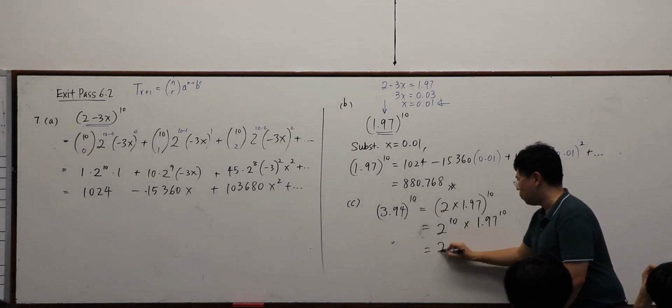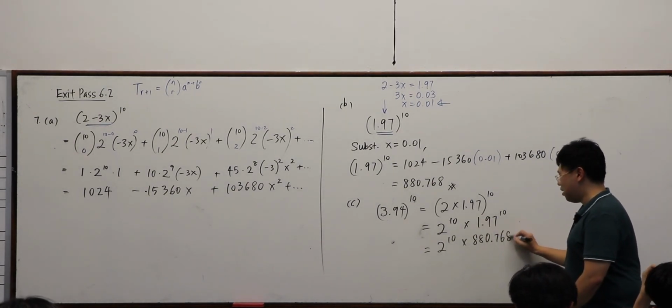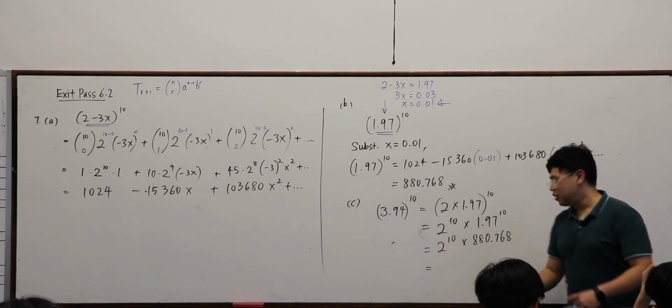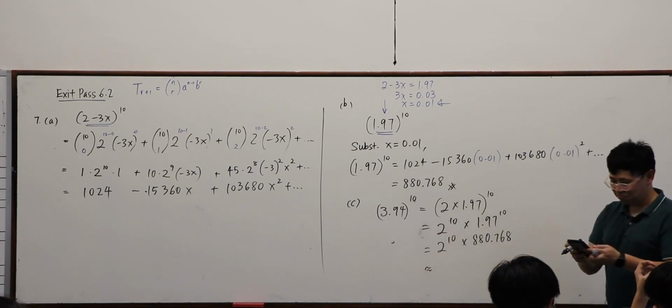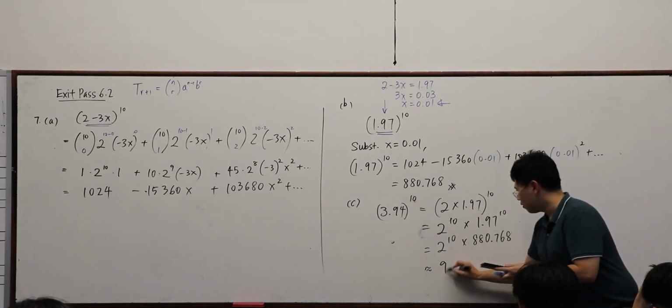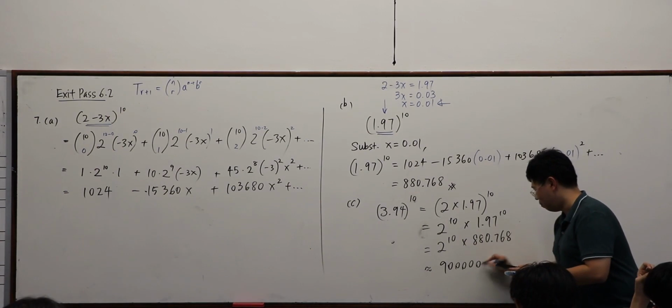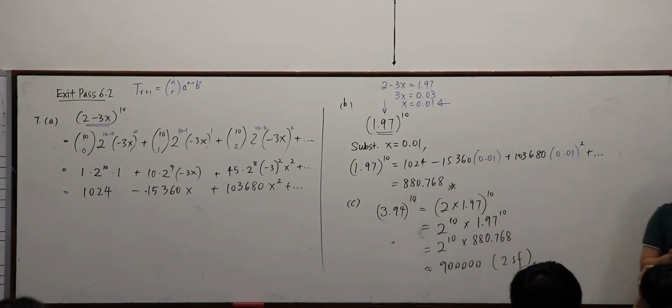So I have 2 to the power of 10 times 880.768. And then we just estimate using our calculator to 2 significant figures.